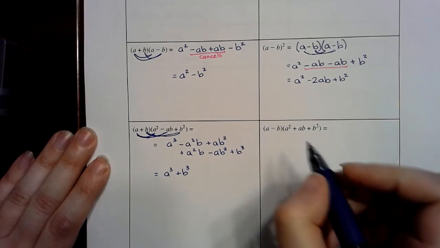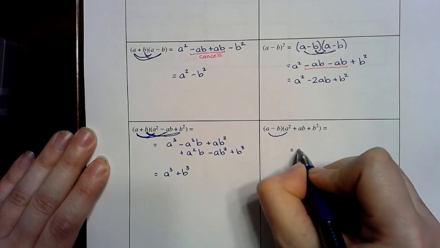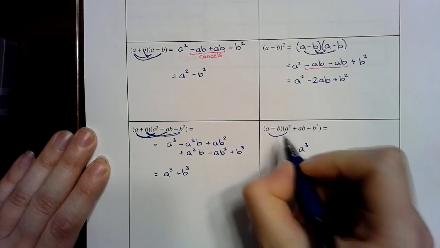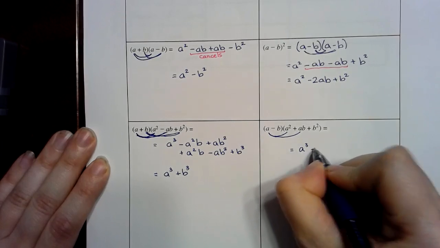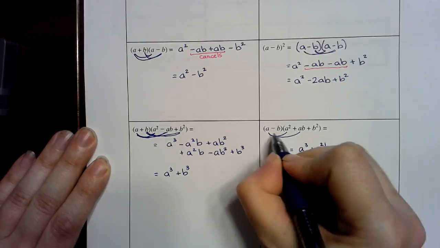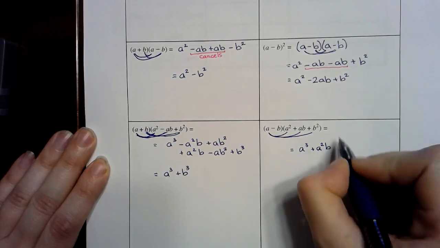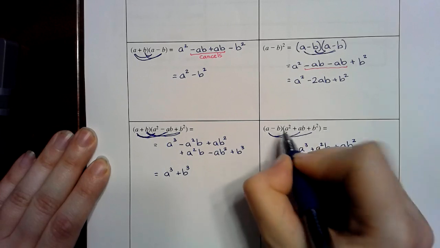Let's try it again. A times a squared is a cubed. A times ab will get me plus a squared b. A times b squared will get me plus ab squared.